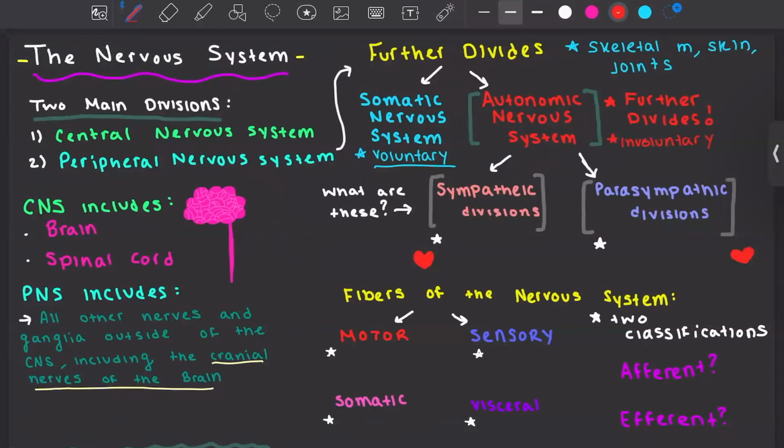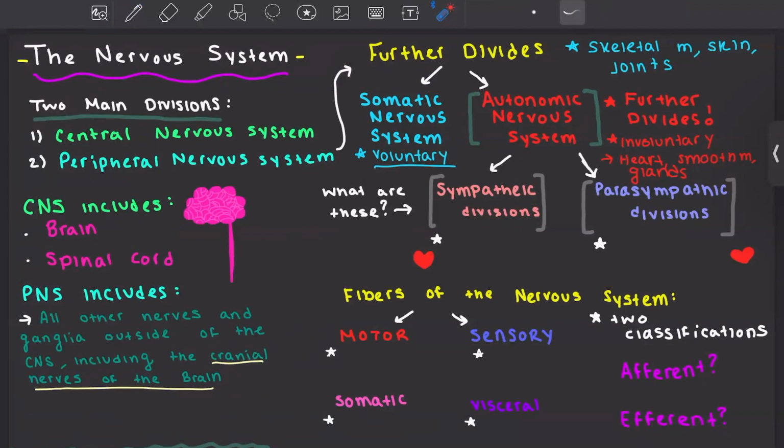And involuntary structures we can think of like the heart, smooth muscle, and glands. All of these structures we don't have to think about to get them moving, right? We don't have to sit there and think, okay, I'm going to contract my heart now. I'm going to make my stomach churn its food. We don't have to think about that. These things naturally happen. So that's why they're a part of the autonomic nervous system.